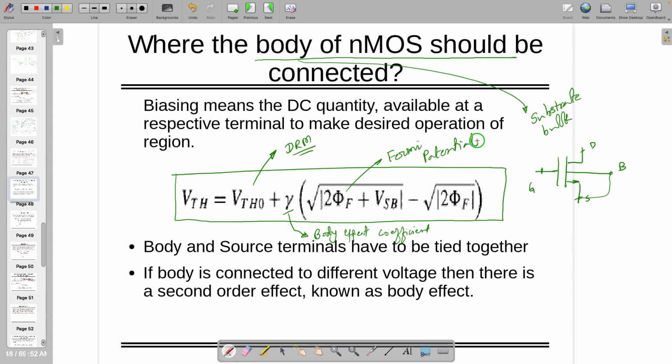If I make VSB equal to 0, then VTH is equal to VTH0. If I want to have VTH and VTH0 exactly the same, then I need to make VSB equal to 0. That is the only possible way, right? So the best thing is to connect body and source together. But there are many problems in this case also.